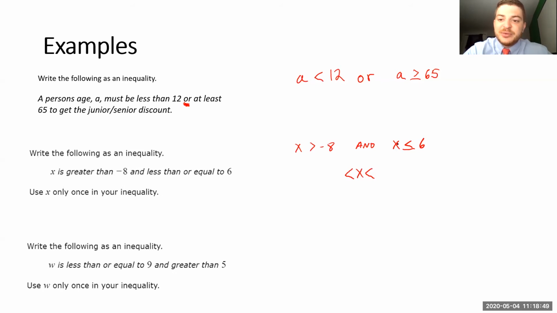So if you're looking at your original inequalities here, this is pointing towards the x. This is pointing towards the x. So this is going to have my equal to underneath it, which means that my 6 is going to go here. And then on my other side, x is greater than -8 would go on that side. And this would be what we would have to write down.